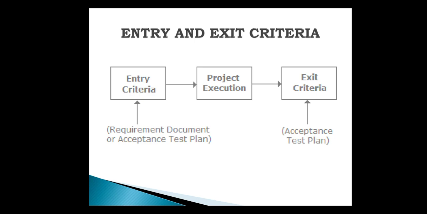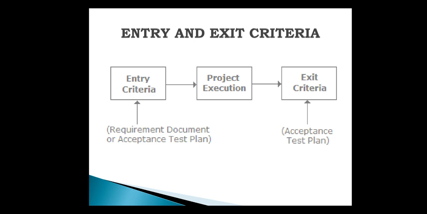What kind of entry criteria? We must have proper related documents, and we check what kind of variables and constants you require, and their naming conventions. You first check whether it is correct or not, and after that you proceed with the project execution.